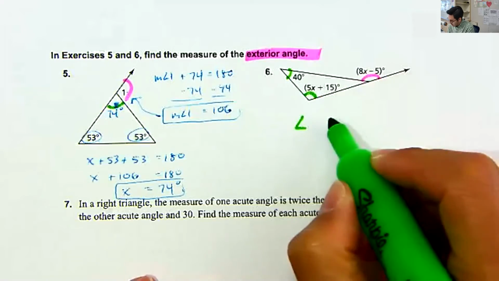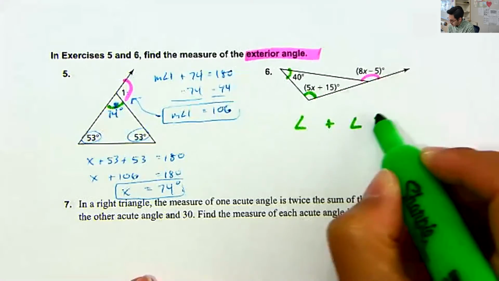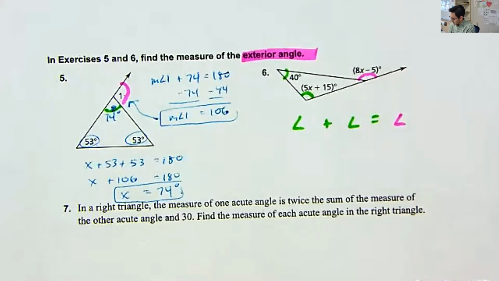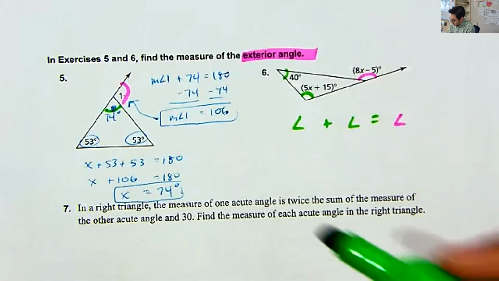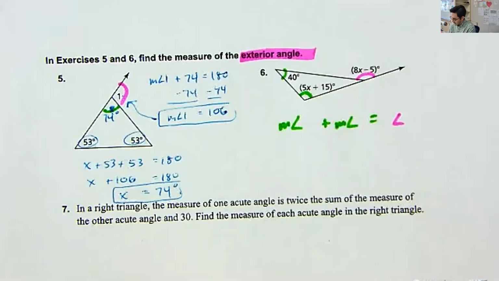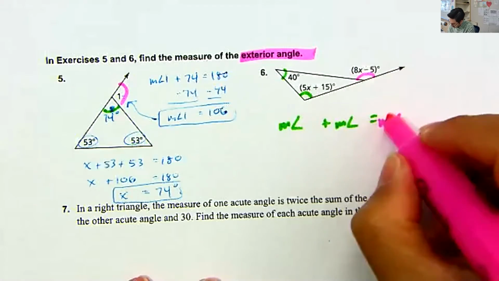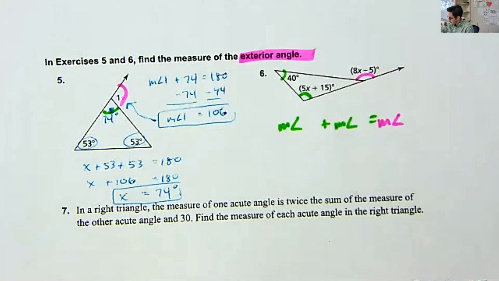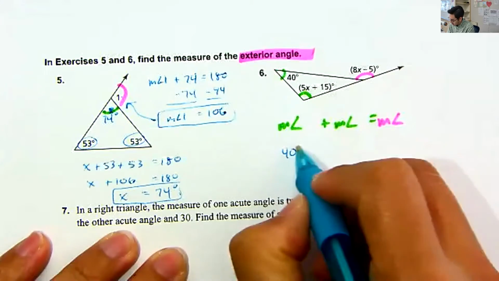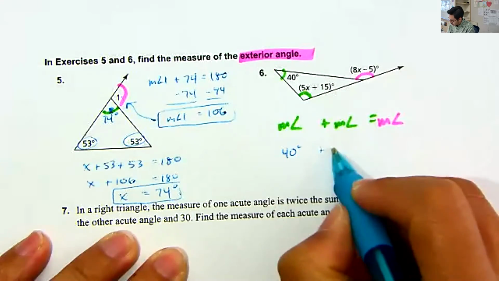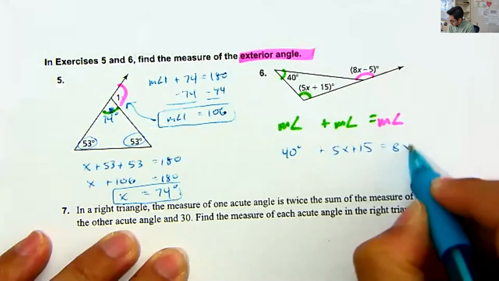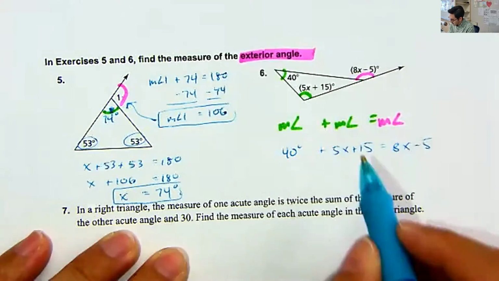Or I should say the measures of the two green angles combined will equal the measure of the pink angle. All right, so let's start with 40 here, plus 5x plus 15 equals 8x minus 5.